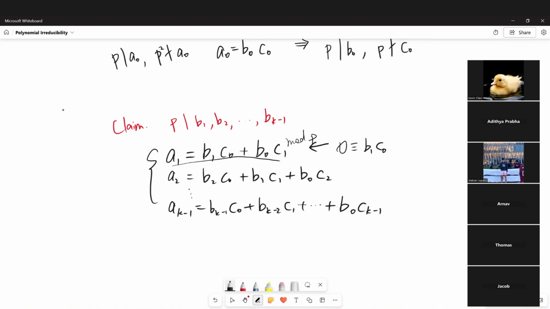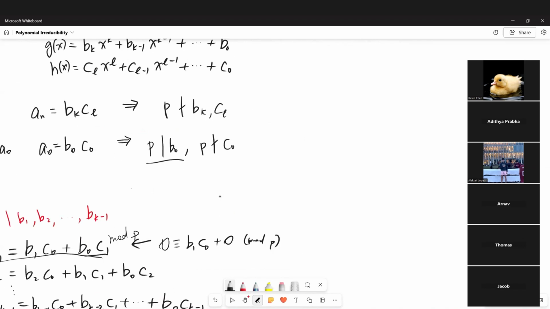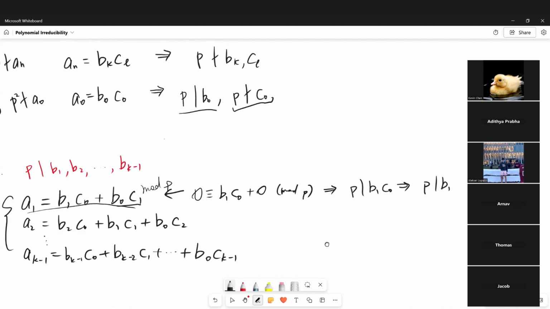And then for b_0 times c_1, from the above argument, we already have p divides b_0. So p must divide b_0 times c_1, so just plus 0 mod p. And so that just means p divides b_1 times c_0. However, since we already know that p does not divide c_0, this implies that p must divide b_1 in order for it to divide b_1 times c_0.